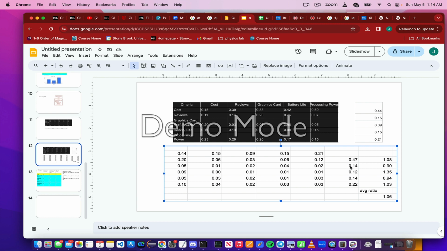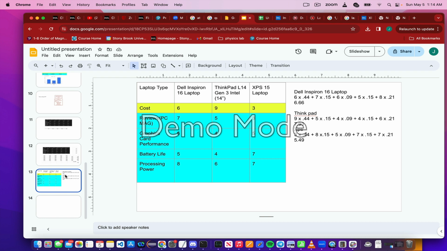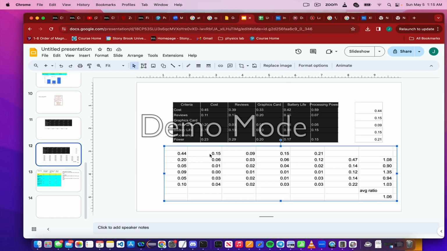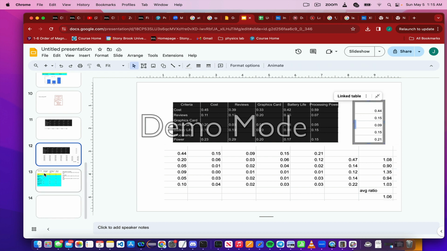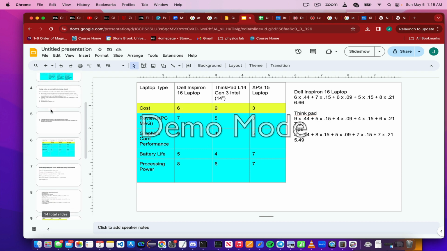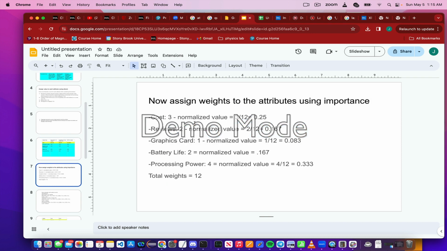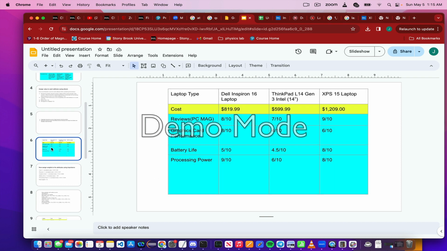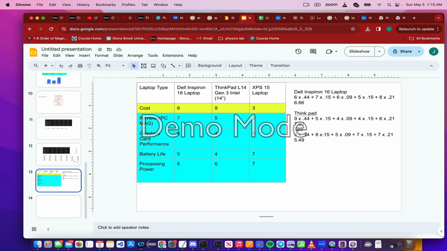I'm going to take these values that I got for all of these on the top, this column here, and then multiply each of these, which I've basically translated into a scale of 1 through 9.